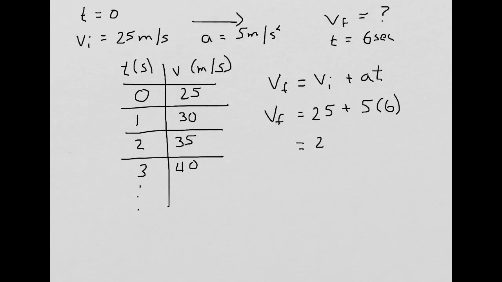So I get 25 plus 30, which is 55 meters per second. So I'm able to find final velocity given an initial velocity and acceleration. And it's important to note here that to use this formula, acceleration has to be constant. I can't be accelerating and then decelerating, or accelerating even more at a certain point in that time interval. It has to be constant.